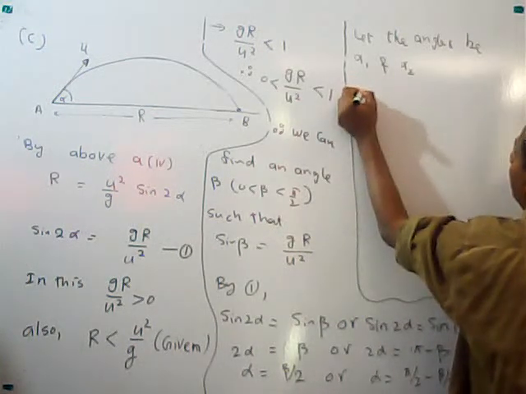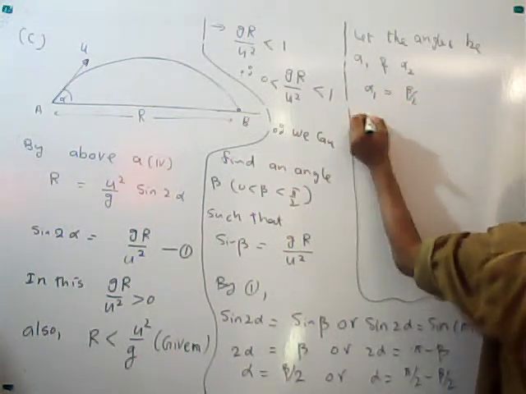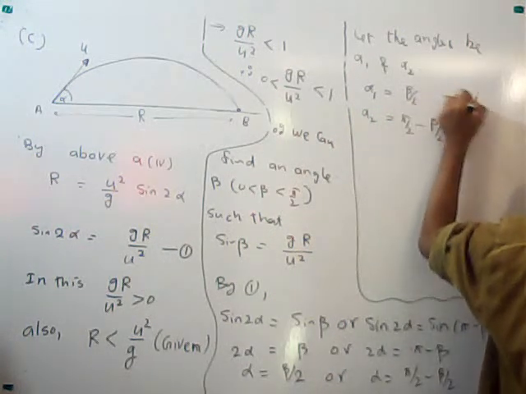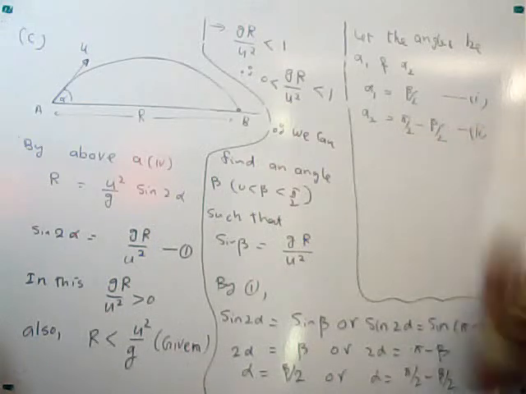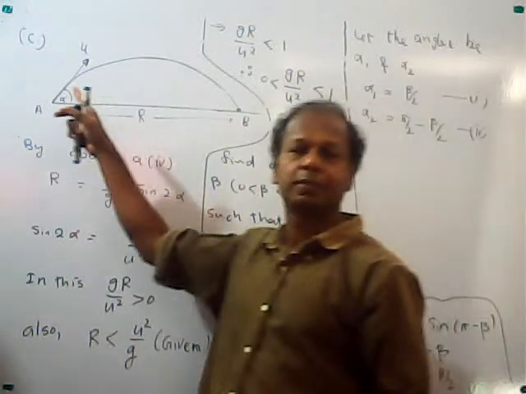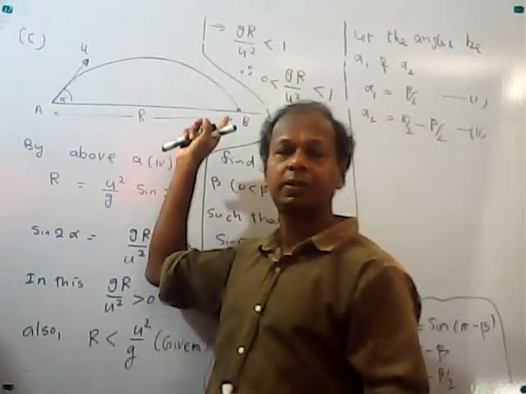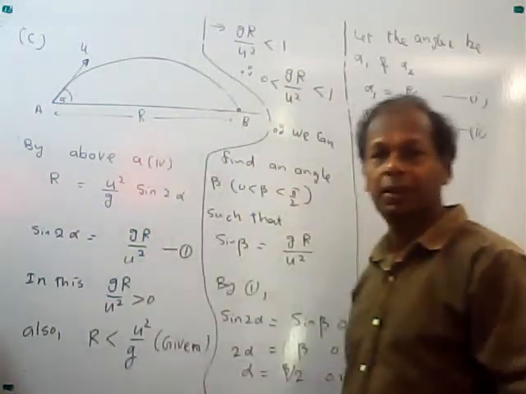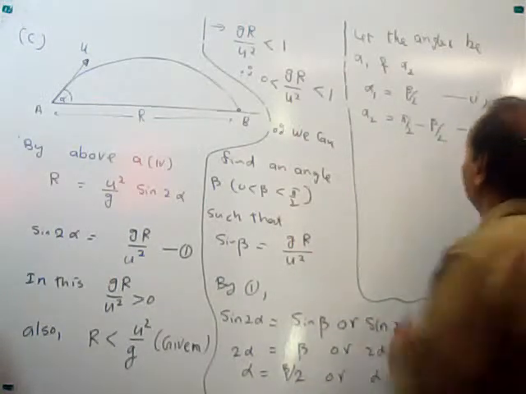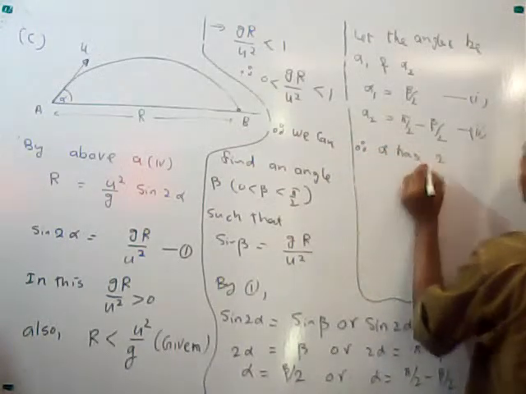Therefore, you get alpha 1 equals beta over 2 and alpha 2 equals pi by 2 minus beta over 2. So two distinct solutions, right? That means there are two angles at which you can project the particle to reach the same destination, right? Further, so this is the first answer. So alpha has two distinct values.